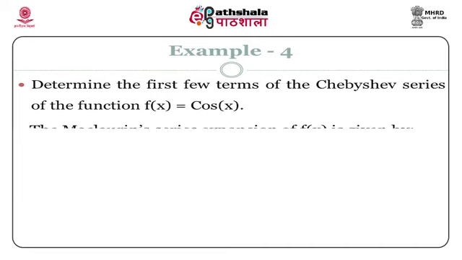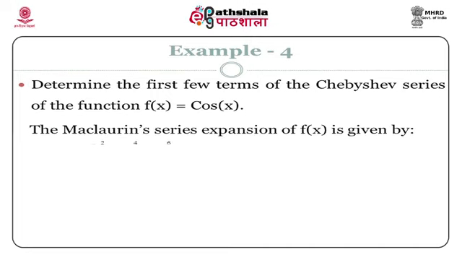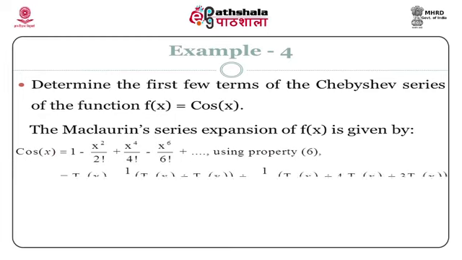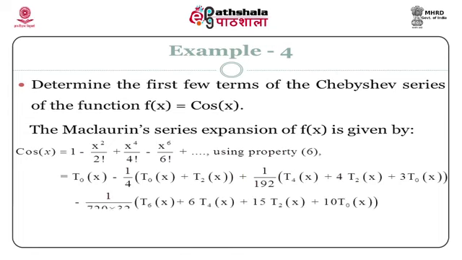The Maclaurin series expansion of f(x) is given by cos x equal to 1 minus x square by 2 factorial plus x raised to 4 by 4 factorial minus x raised to 6 by 6 factorial, and so on.